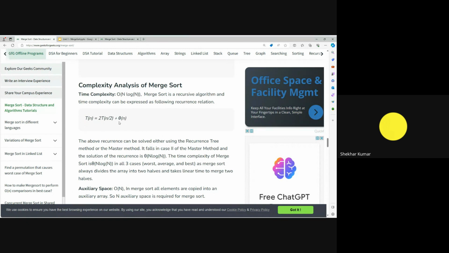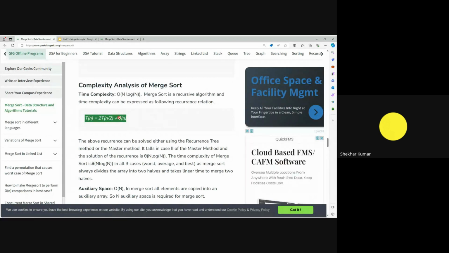And in the merge procedure, in every step it will take order of n time. So this is the recurrence relation of the merge sort algorithm. You can solve this recurrence relation using either the master theorem or any other method. As we have also discussed, I am showing you in Paint also.